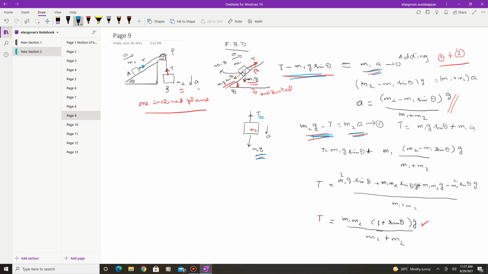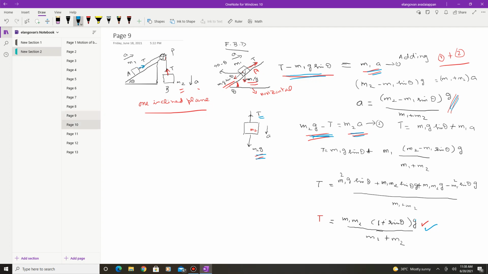This is equation 2. If you add equations 1 and 2, you can get the acceleration: a equals (M2 minus M1 sin theta) g divided by (M1 plus M2). Substituting a in equation 1, the tension is M1 M2 (1 plus sin theta) g divided by (M1 plus M2).